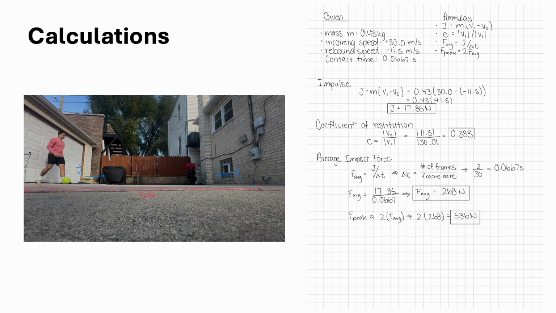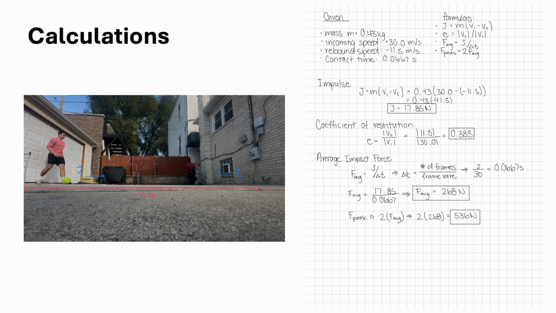So these results basically show that the impulse is the same regardless of how quickly the ball is compressed and rebounds. But with longer contact time and the same impulse, it produces a smaller force.